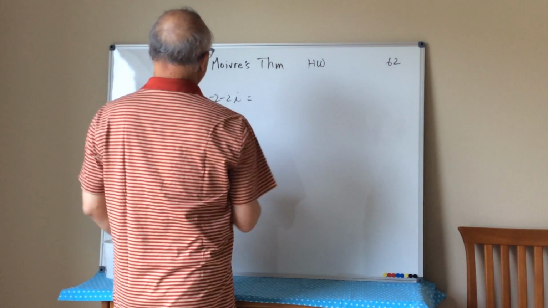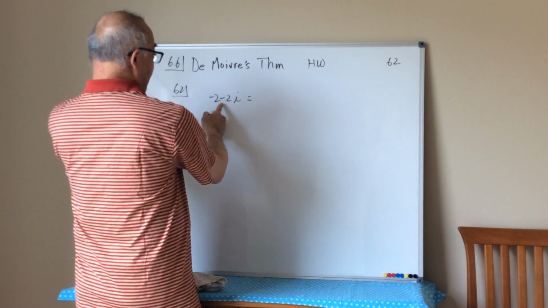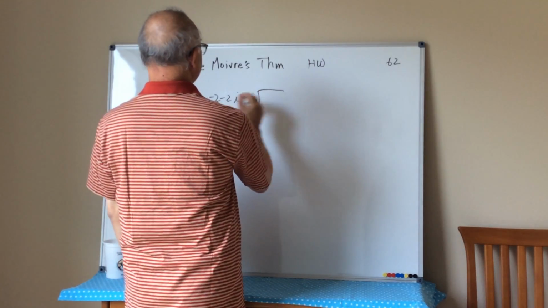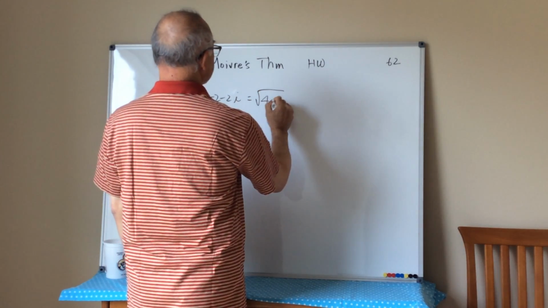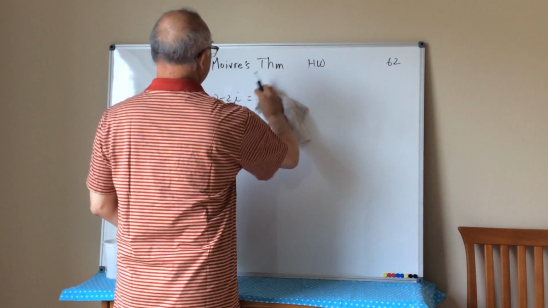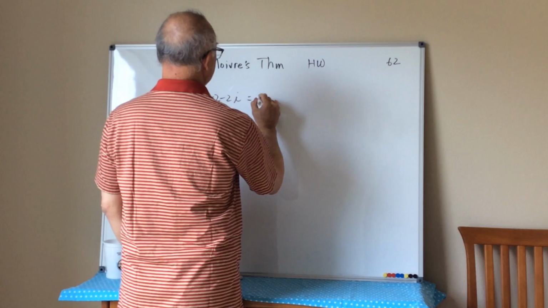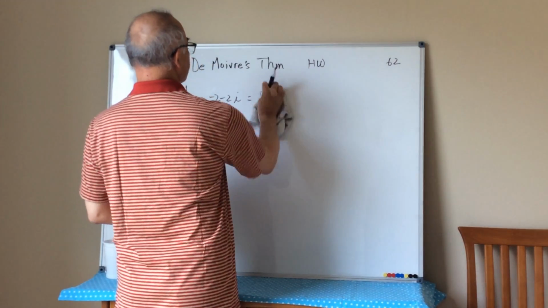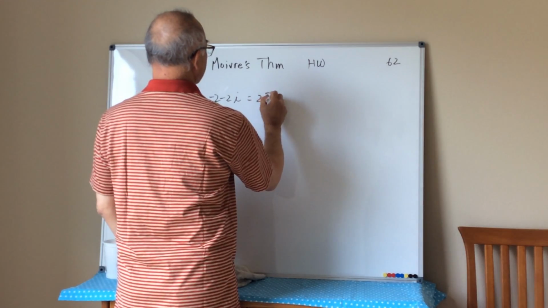So what do I get here? I'm going to get 2 squared plus that squared, so it's root 8, which is 2 root 2, correct? So the modulus is 2 root 2.